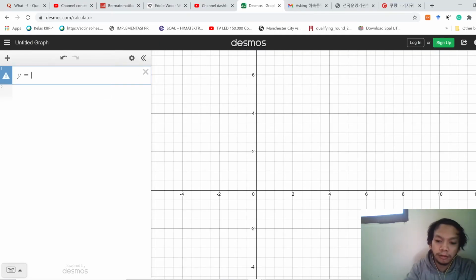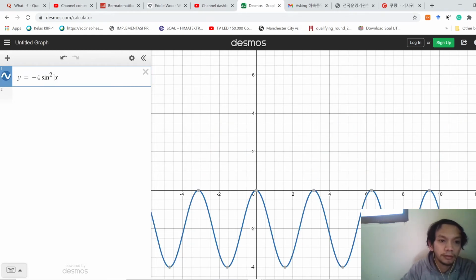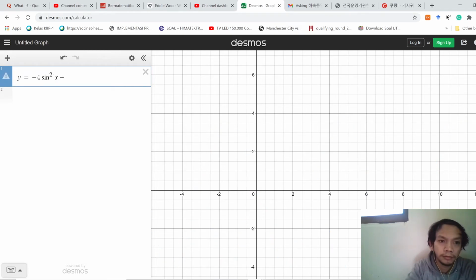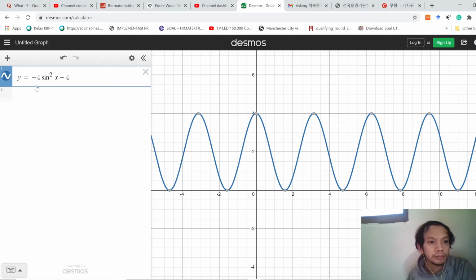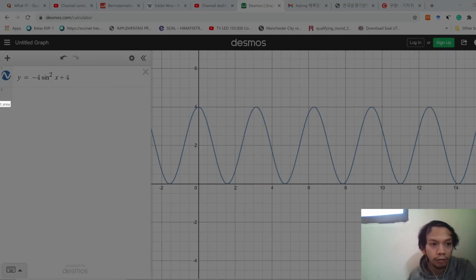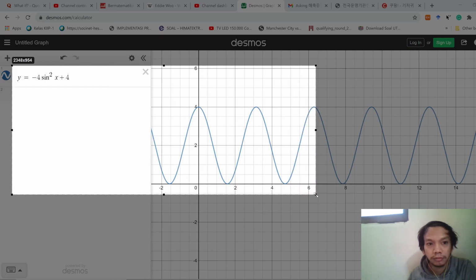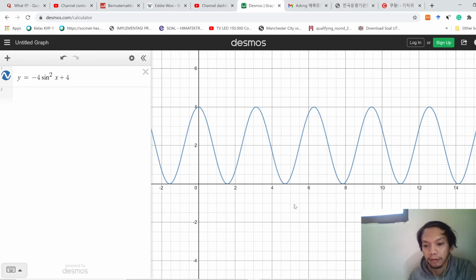y is equal to minus 4 sine x, but sine x is squared, and then plus 4. Okay, so this is the graph. Yeah, hopefully I did not make any mistakes. Okay, let's just put this into our answer.